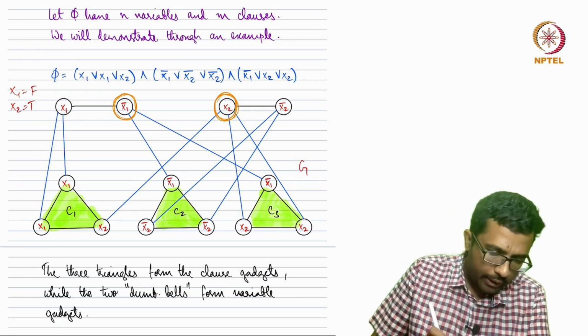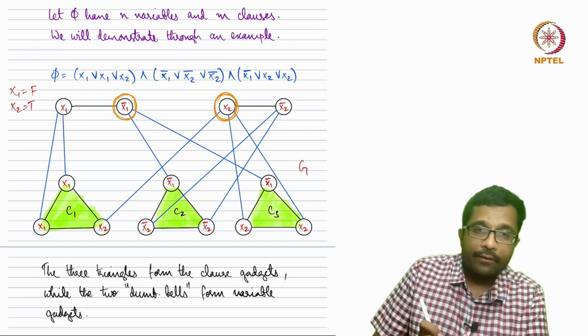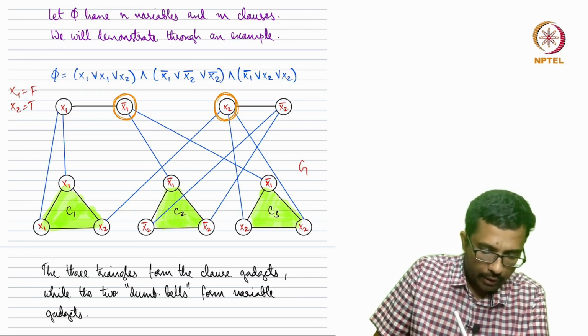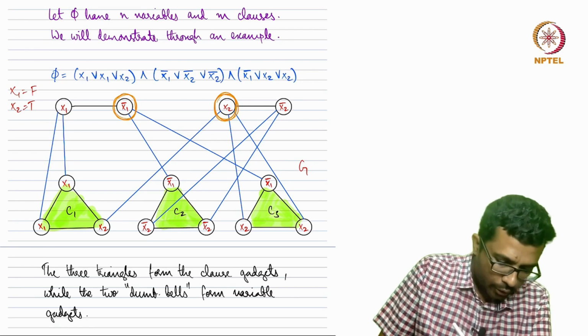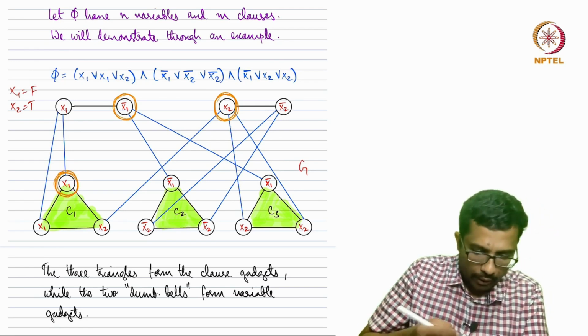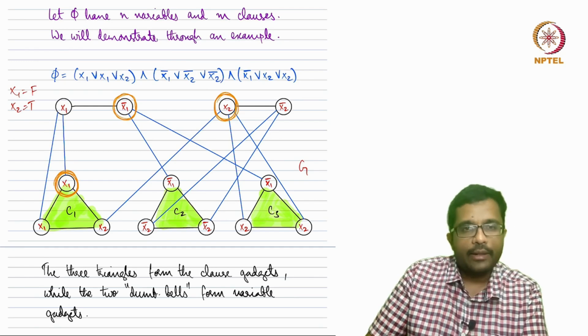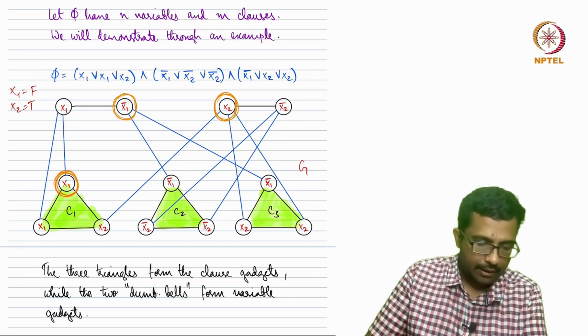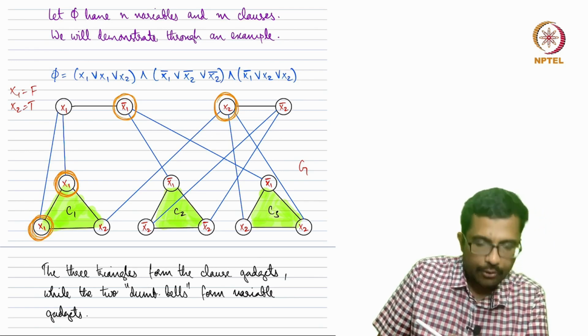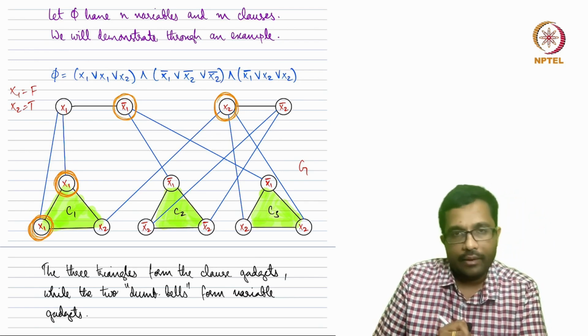So what we do is we select the vertices which are not the true literals I just mentioned. In clause 1, x2 is true, so we pick the other two. What I'm building is the vertex cover, right? The formula is satisfiable, and from the satisfying assignment I am building the vertex cover, and these circled vertices are going to be part of the vertex cover.